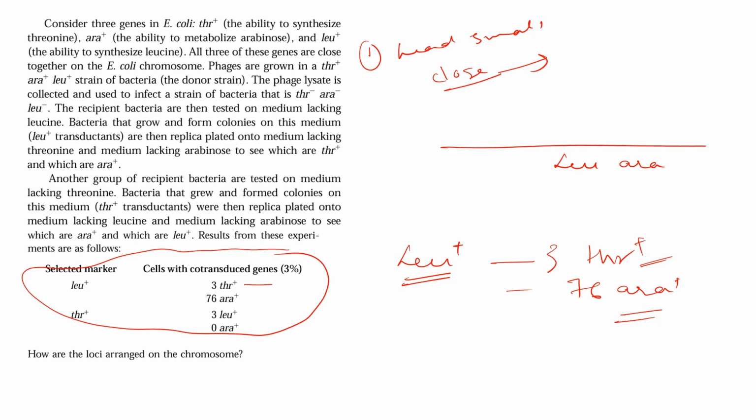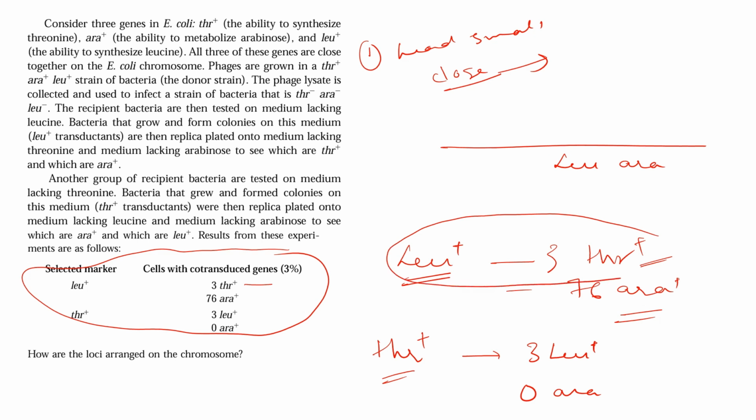When we look at the chromosome on the basis of threonine, what we found is 3 leucine genes and 0 arabinose genes. Correct? Here also, with leucine and threonine it is 3. So that means threonine and arabinose are not placed in close vicinity. With threonine, leucine is present, but with threonine, arabinose is not present.